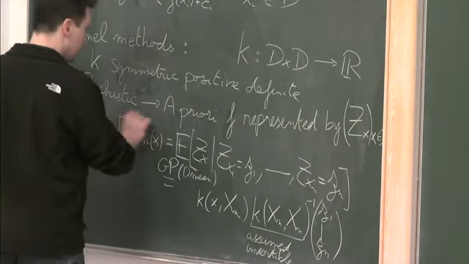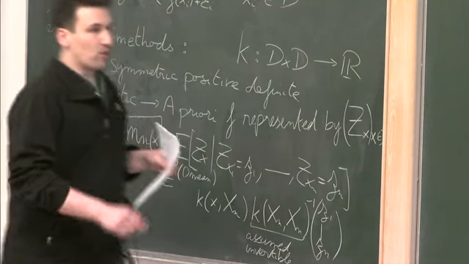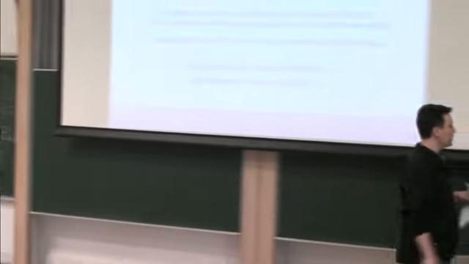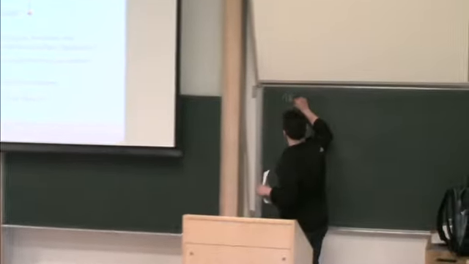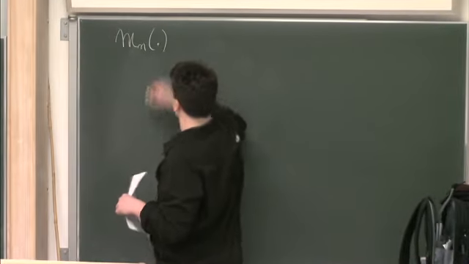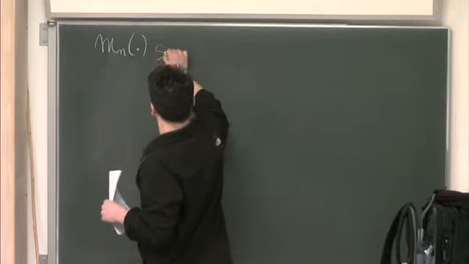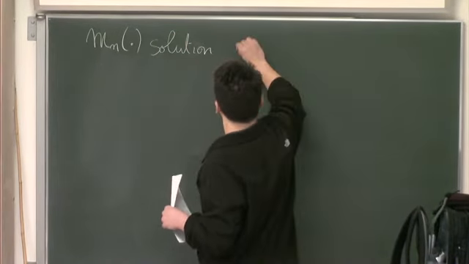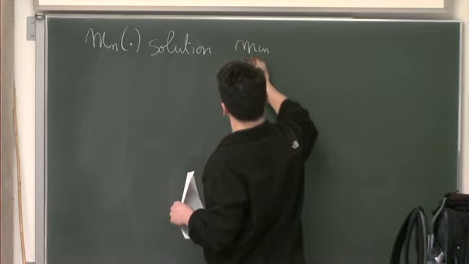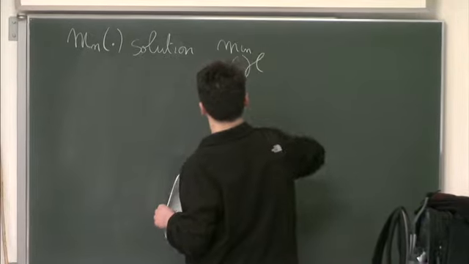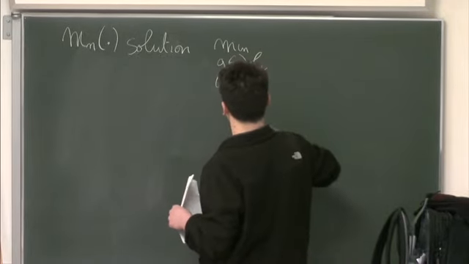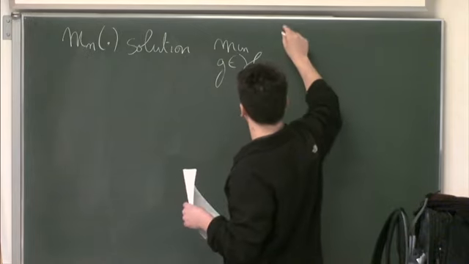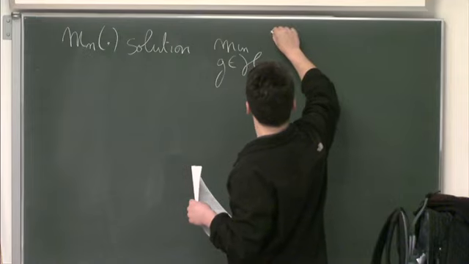Now, something very neat about this predictor, mn. Very important note is that mn actually is the solution to a deterministic problem, which is: minimize, over all functions in the Hilbert space associated with the kernel k, the reproducing kernel Hilbert space associated with k. There are some appendices in the slideshow if you want to refresh about that.